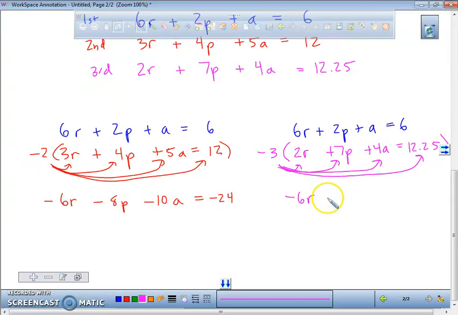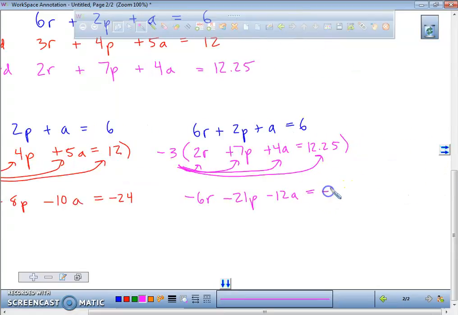Negative 6R minus 21P minus 12P equals 30.